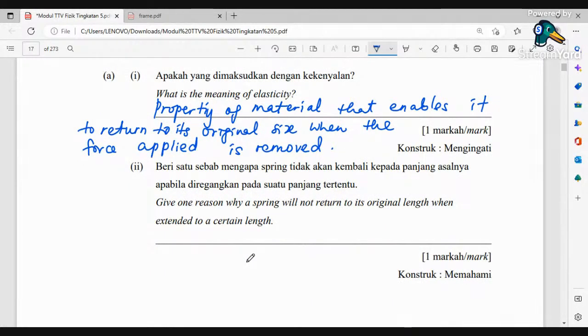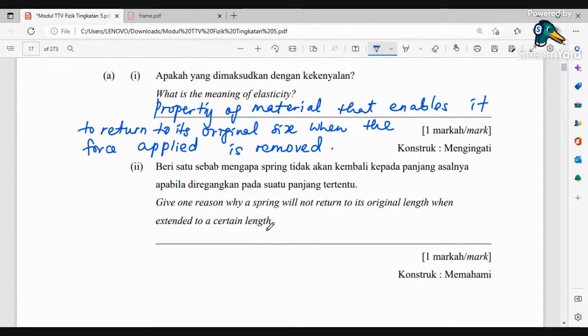Okay, give one reason why spring will not return to its original length when extended to certain length. If you extend the spring more than its elastic limit, it cannot return to original length, okay, or shape because it's already spoiled. Maksudnya dah rosak lah. Jadi you nak tarik spring kena ada limit.